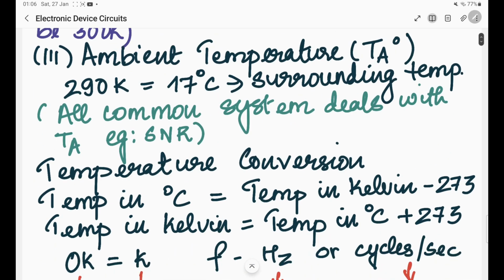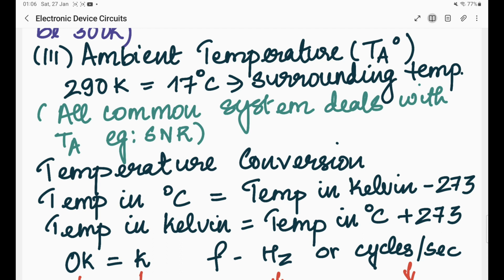So let's also understand, if any other temperature is given and you want to do a conversion, what you'll do is a temperature conversion. For that, first you take the temperature in degrees Celsius. If a temperature is given in Kelvin and you want to find the temperature in degrees Celsius, you will calculate: temperature in degrees Celsius is equal to the given temperature in Kelvin minus 273.